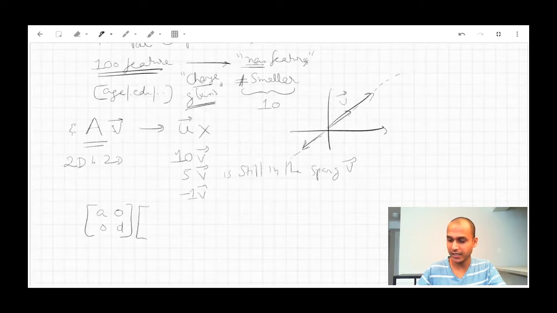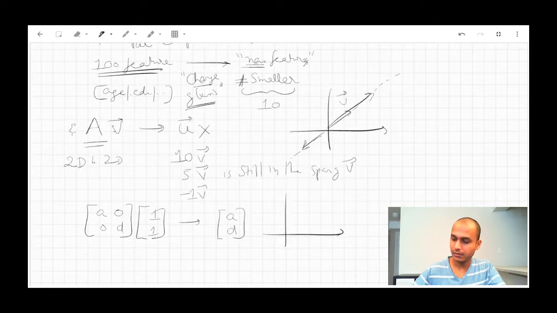Let me not use 1, 1. Let me use 1, 0. Then A gives me a vector which is a comma 0.